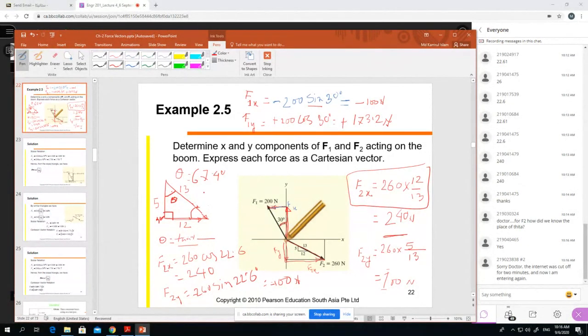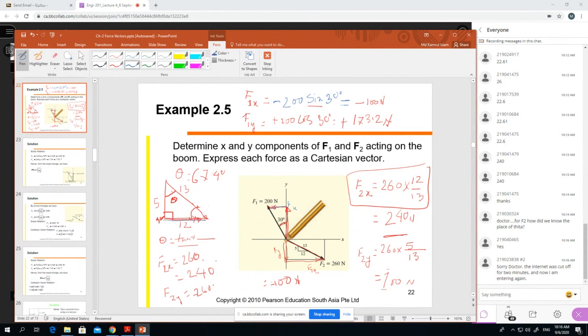Now our Fx and Fy, how will it go? So we write down Fx equal to, we have got x. This is the x.